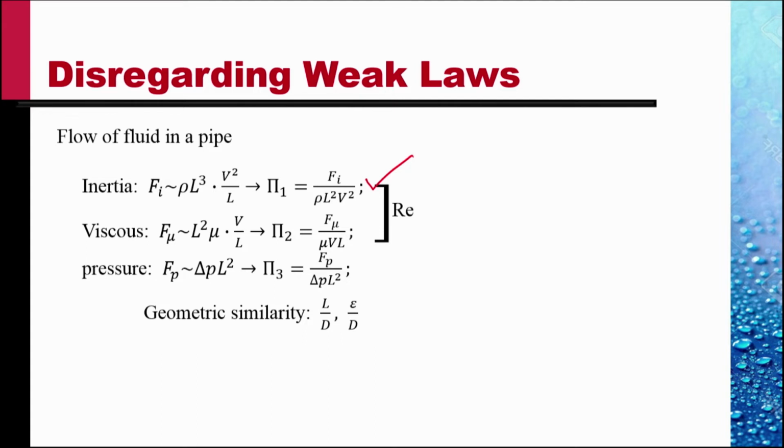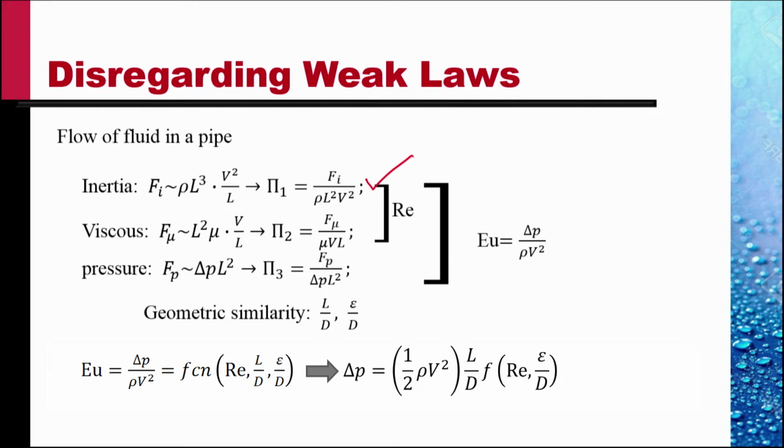And from the first and third law, we get the Euler number delta P divided by rho V squared. We treat delta P as a dependent parameter. So the Euler number is a dependent parameter, and we can write the functional relationship as Euler number, delta P divided by rho V squared, is a function of Reynolds number, L by D and epsilon by D.